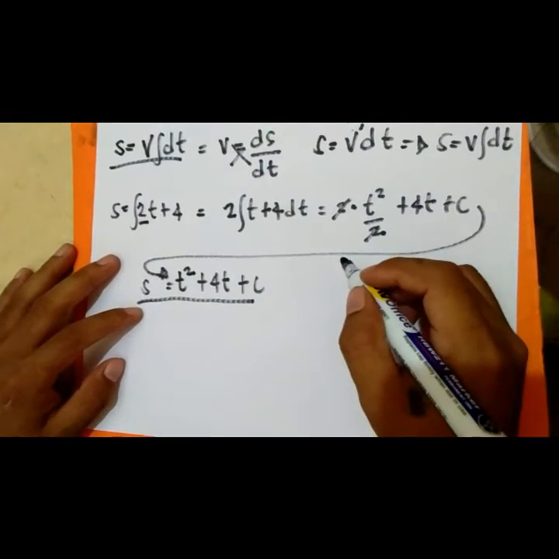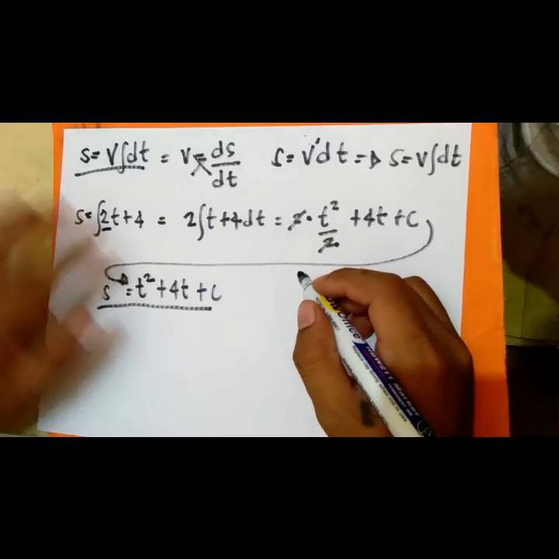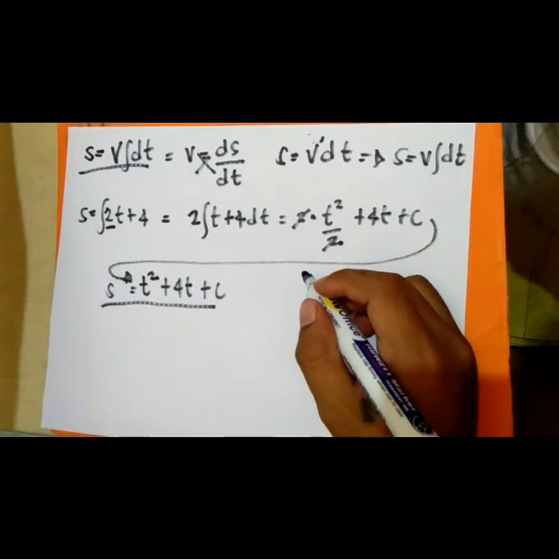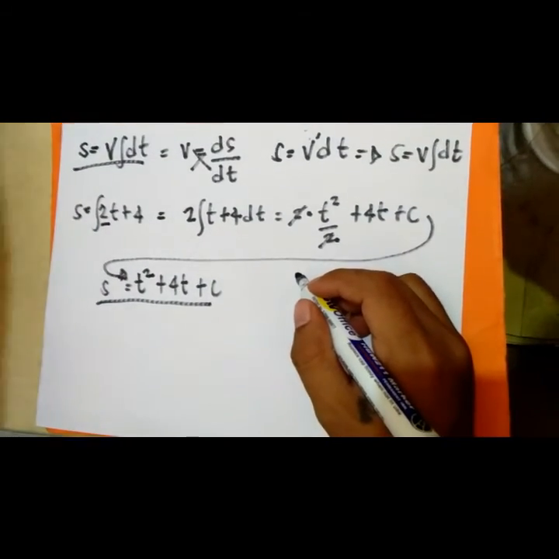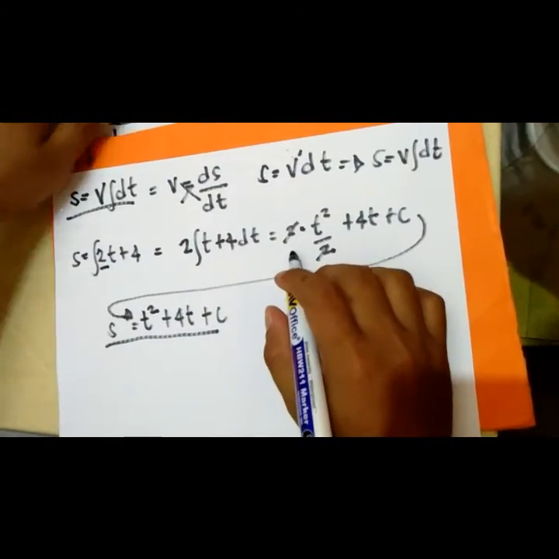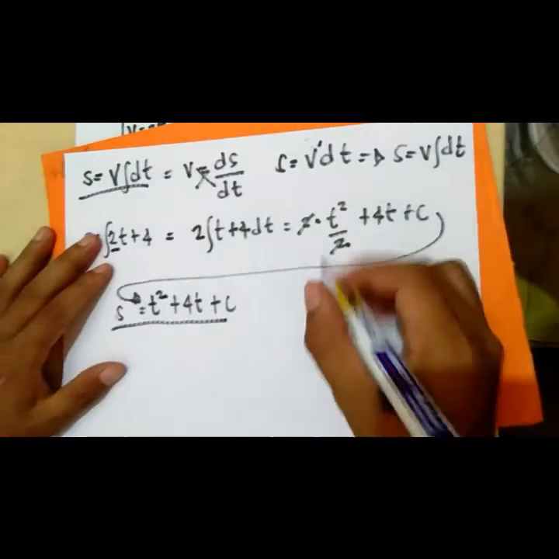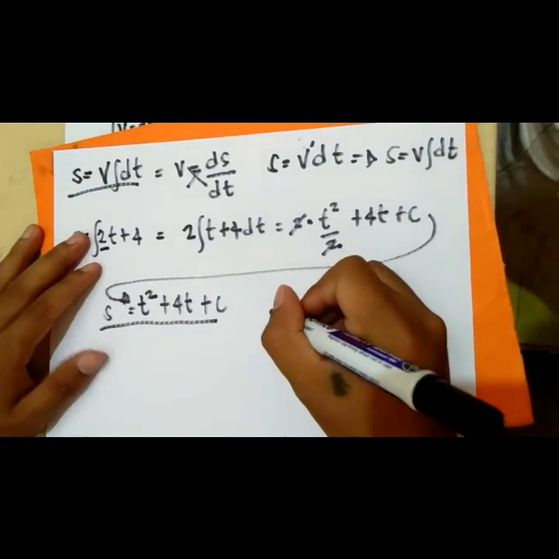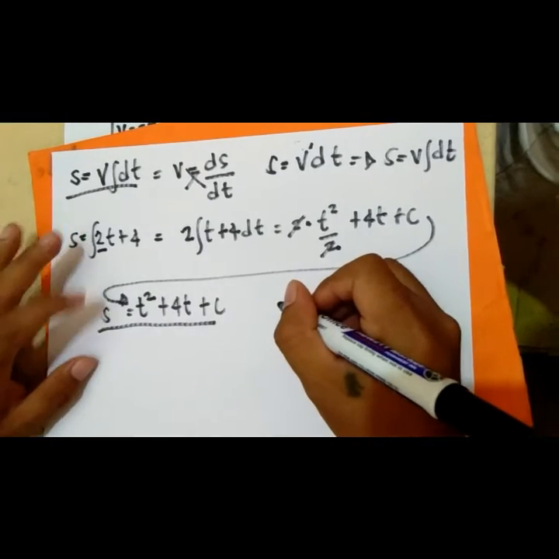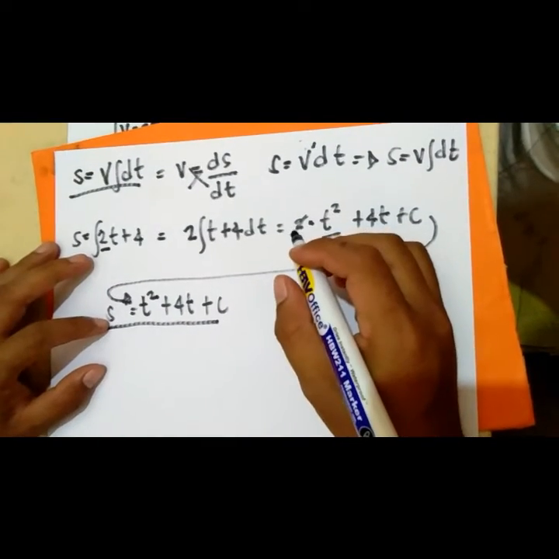So we will substitute the travel distance of the object, which is given as 70 meters at time 5 seconds. We will just substitute the 70 meters and 5 seconds into the equation of the motion.